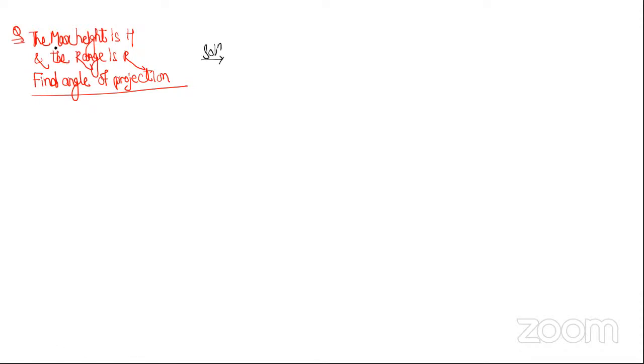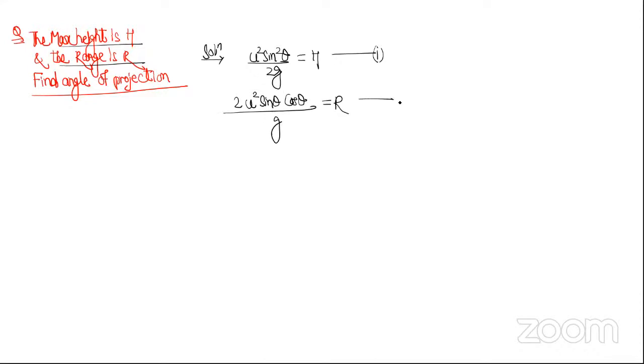So the first statement, maximum height is h. So maximum height means I know u square sin square theta by 2g equal to h. First equation. The second statement, range is r. That means I know u square sin 2 theta, that can be written as 2 sin theta cos theta, so u square sin theta cos theta by g equal to r. Okay, this is second equation. Acha, now I want theta.